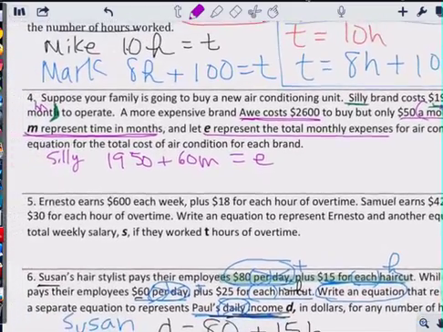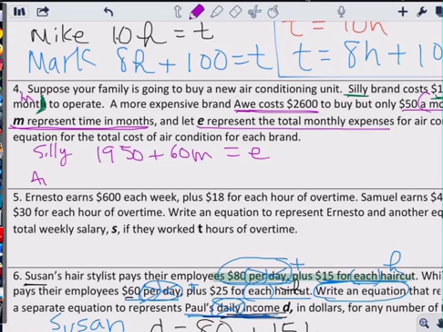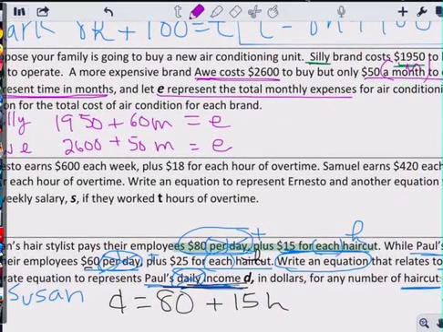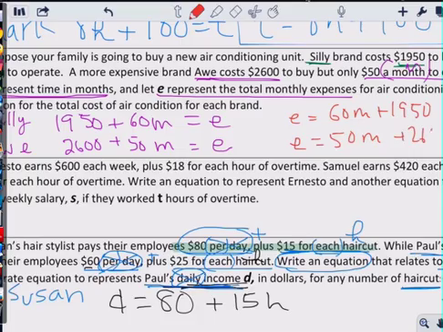Now for the other, it costs the family $2,600, but only $50 a month to operate, altogether for all the expenses. So that's how you write it. You can also write this as E equals 60M plus 1,950, or 1,950 plus 60M, whichever way. This is E equals 50M plus 2,600, like that.